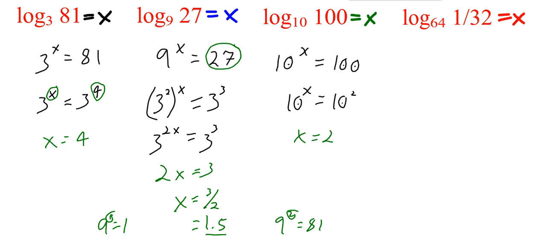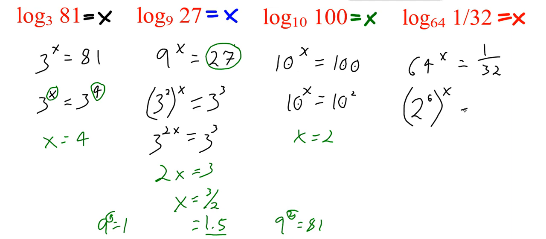Our other example here, I get 64 to the x is equal to 1 over 32. So this one's a little bit more challenging to see, but if you think about it, 64 and 32 are powers of 2. So as I think about 64, 64 is 2 to the 6th, and that's to the x.